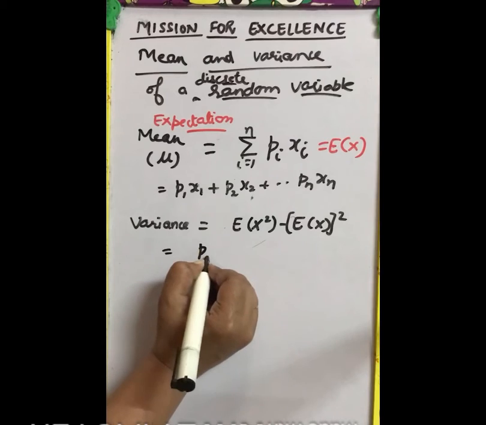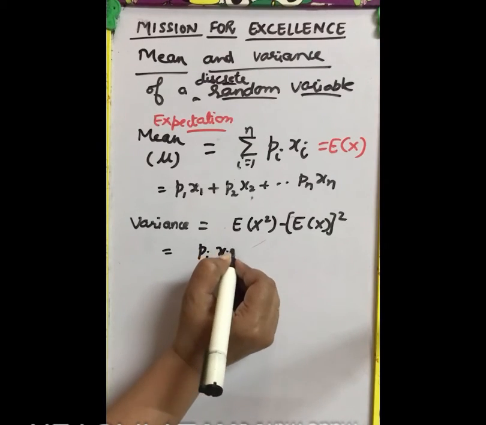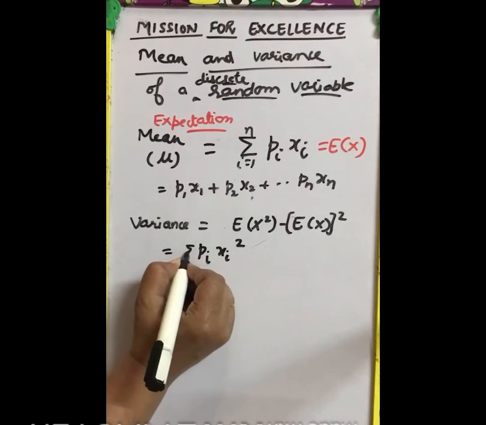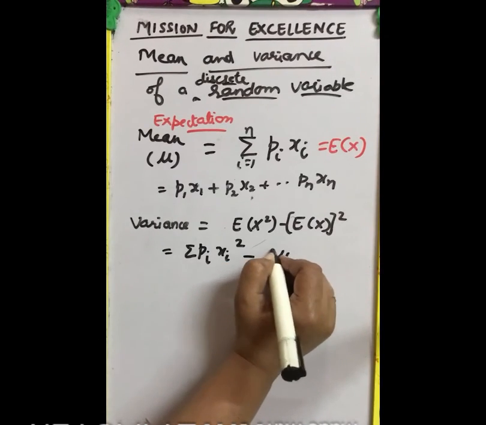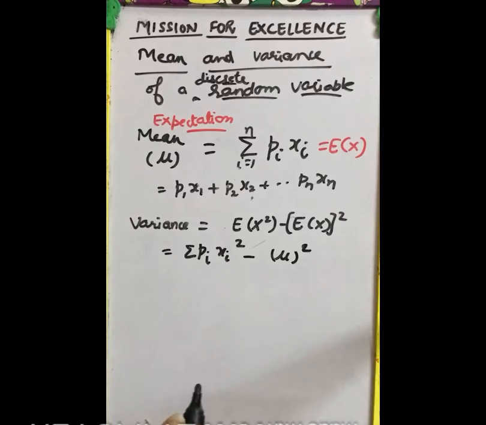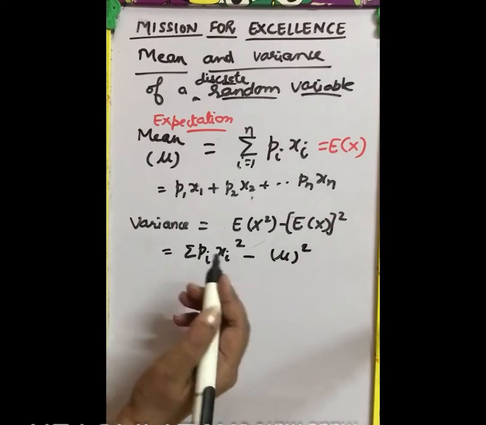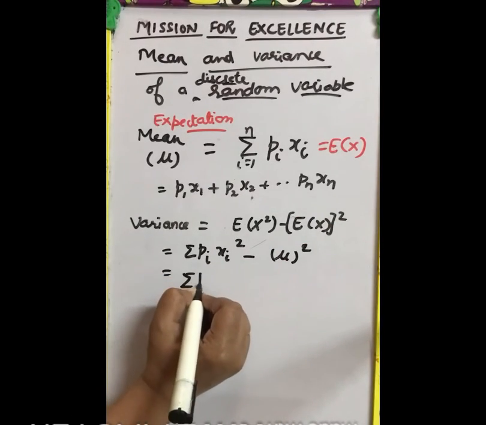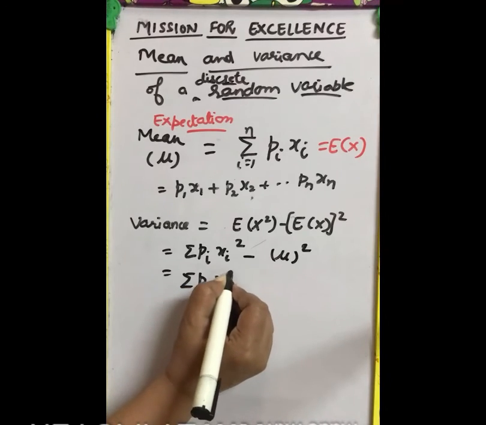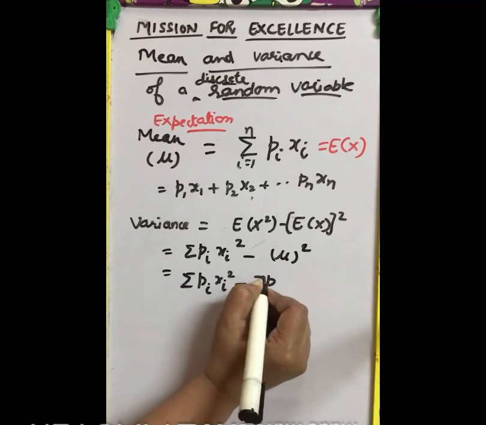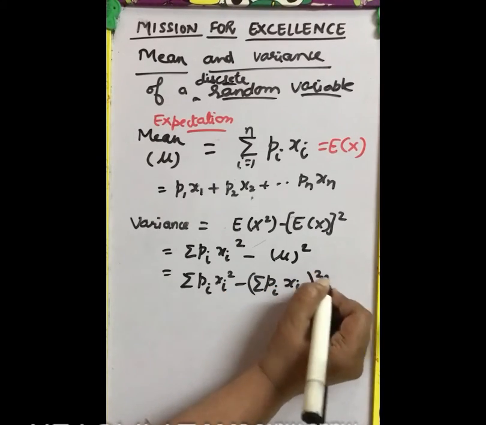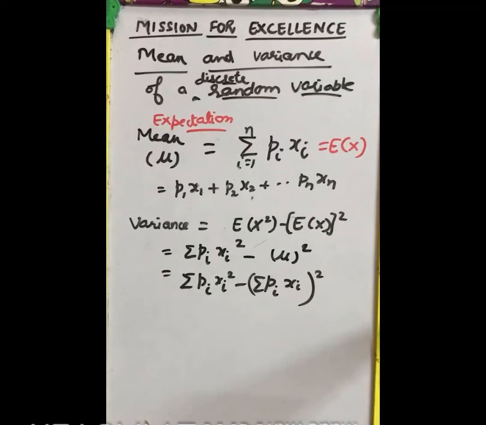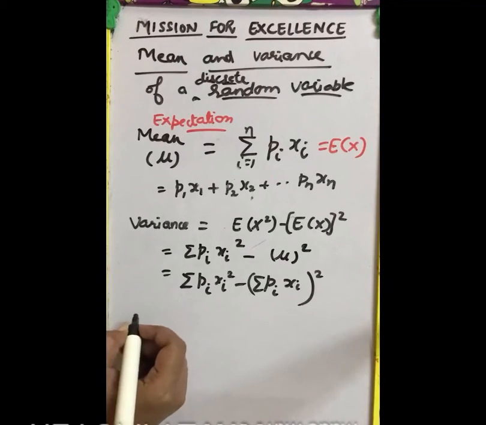And we can write it as summation pi xi square minus mu square. Or if you put the value of mu here also, then you can get summation pi xi square minus summation pi xi whole square. So this is the value of variance, and under root of variance is known as standard deviation.